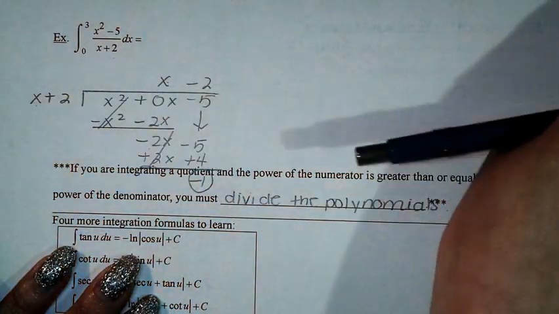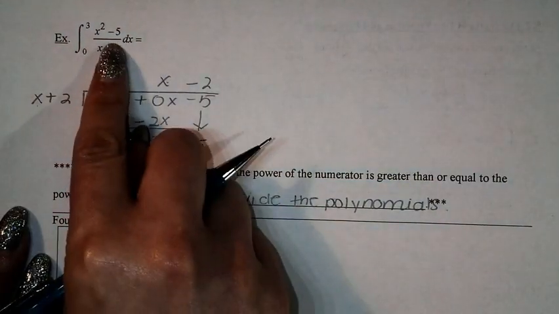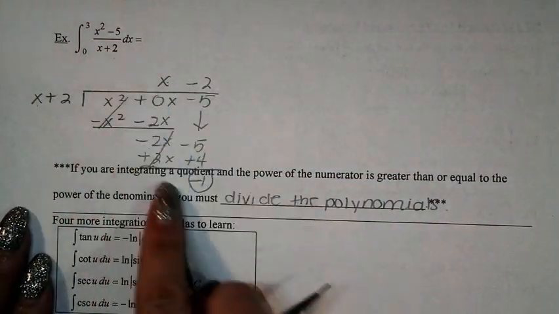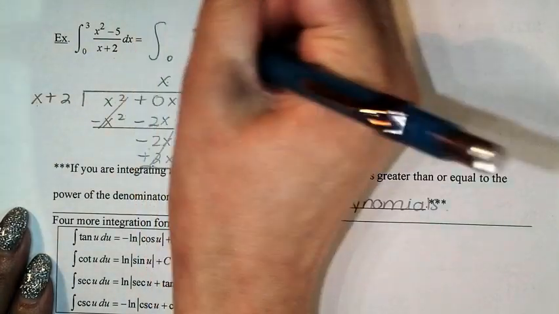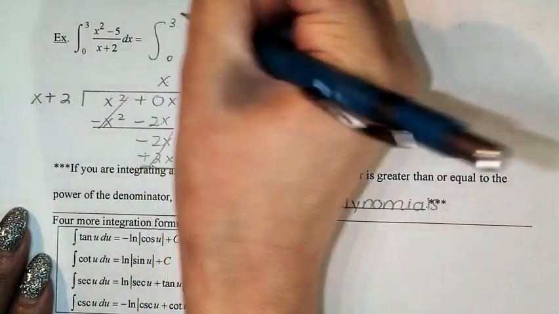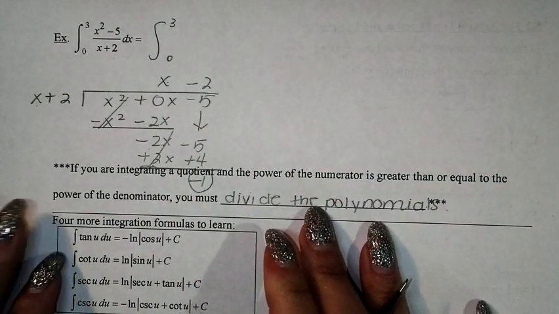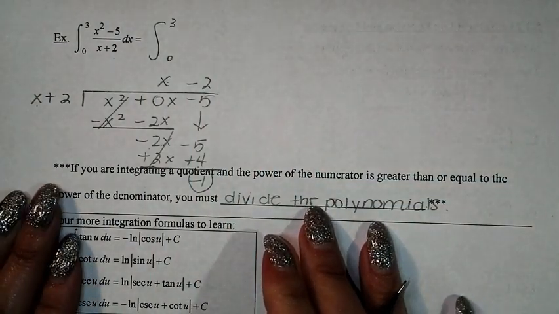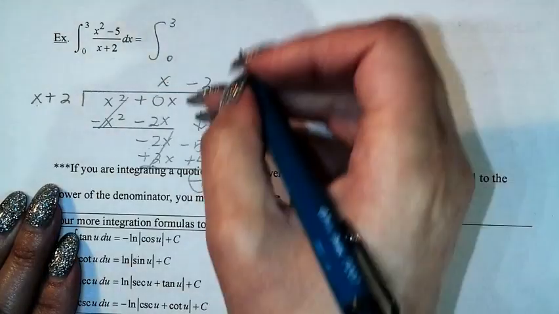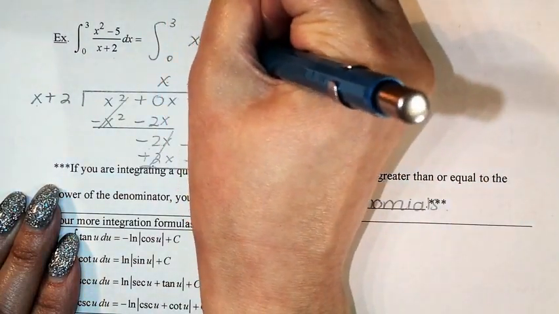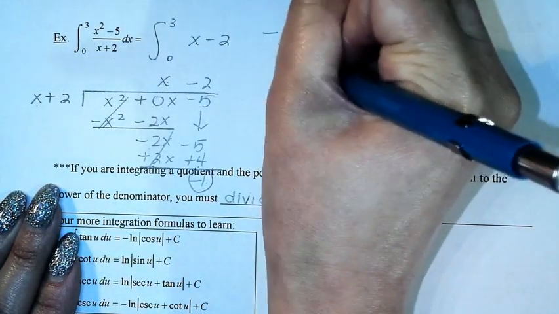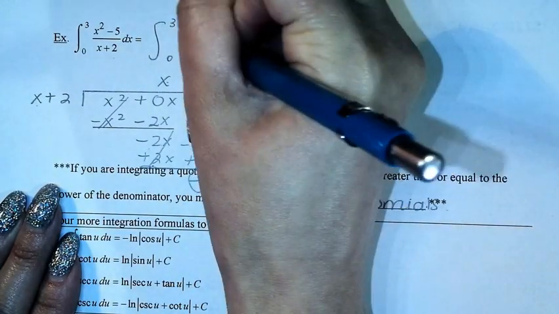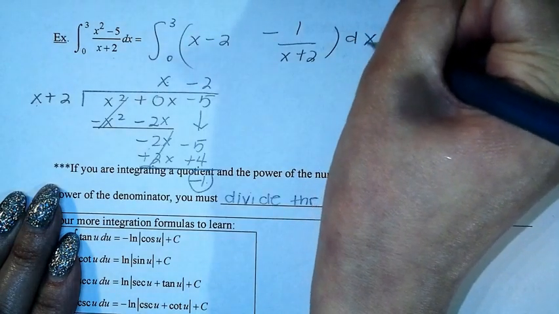So now what happens? We can rewrite this with the new equation that we have. It's the integral from 0 to 3, because I haven't changed any limits of integration or u or anything. I'm just rewriting this. It's going to be x minus 2 minus 1 divided by x plus 2, and all of this dx.